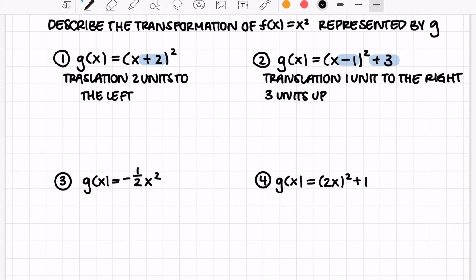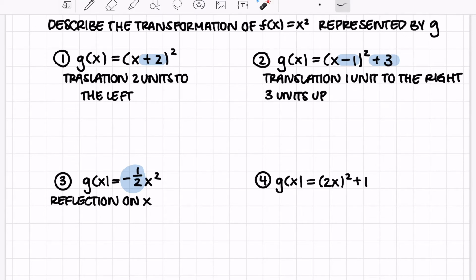Cool. For our next one, number 3, we have negative 1/2 multiplying with x to the power 2. Whenever we have a negative number, that means we have a reflection on the x-axis. So this is a reflection on x.